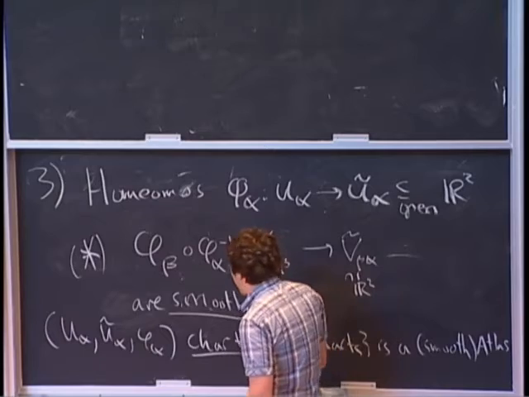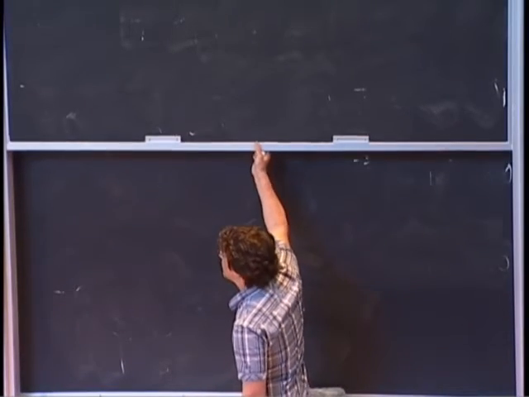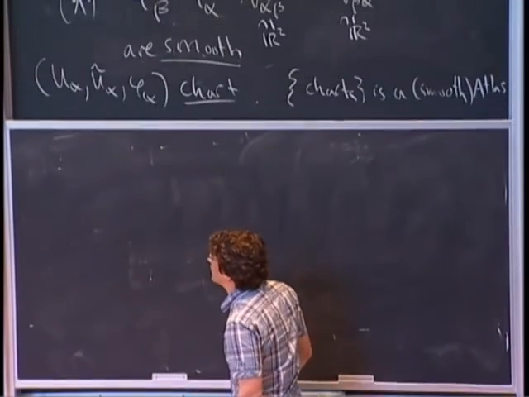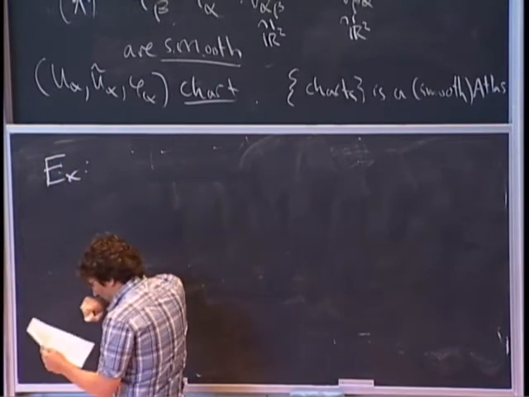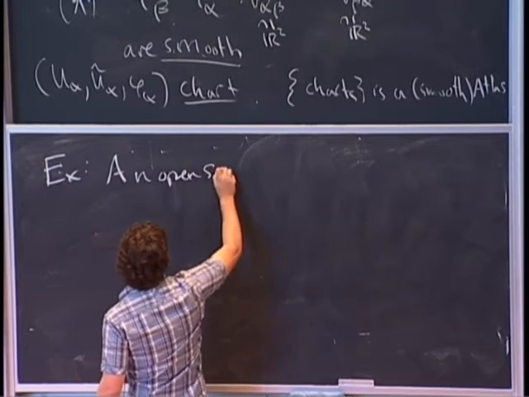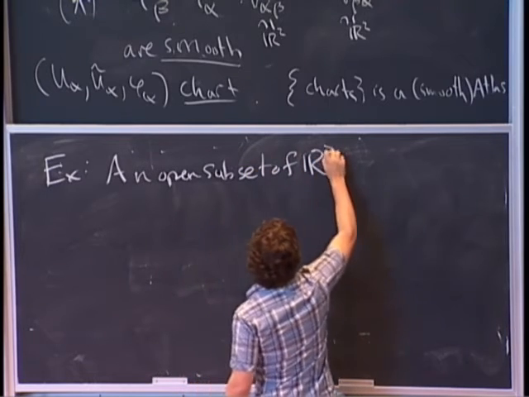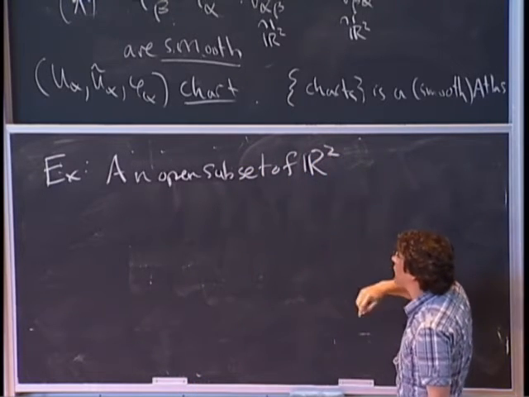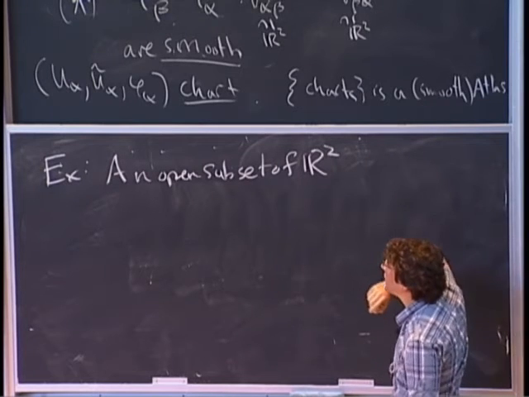Okay, so what are some examples? It's always good to have examples. Of course, any open subset of R2. We just take the chart to be the open subset, and use the map phi to be the identity map.